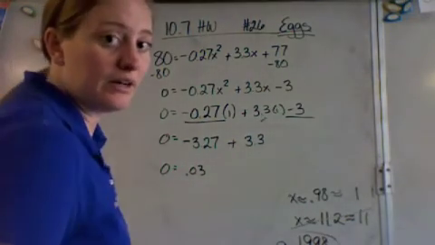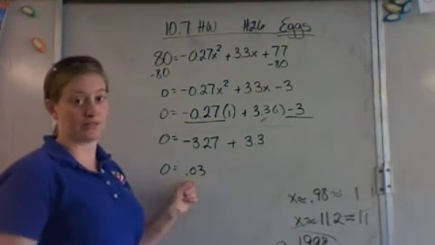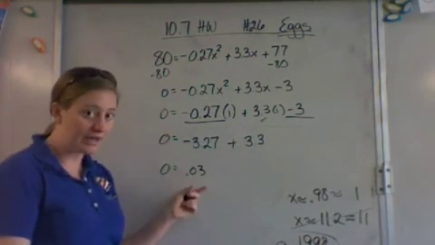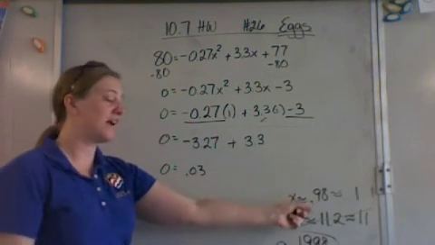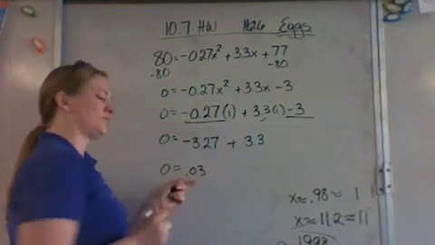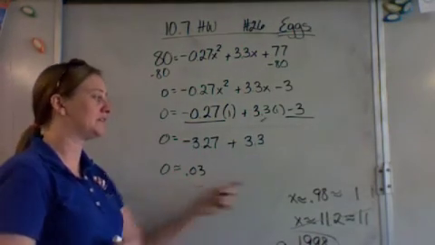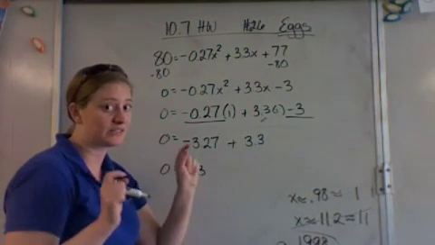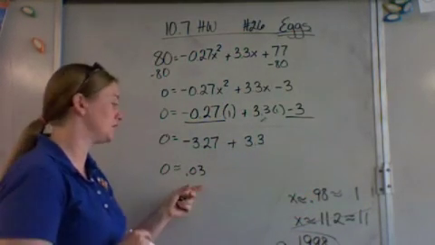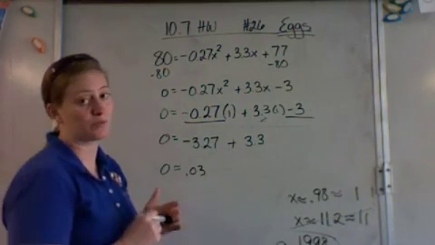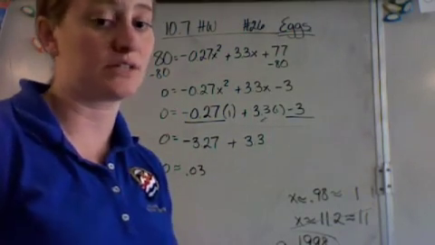Now, I know this is not equivalent. 0 does not equal 0.03. But since we were estimating, 0 and 0.03 are close together, which means that this is a reasonable answer. We're not looking for the exact decimal, we're looking for an estimate. And as far as an estimate is concerned, this one worked out well. So here are your answers for Part A and B from number 26.